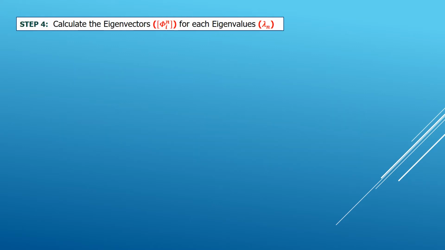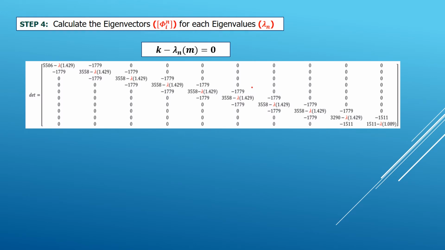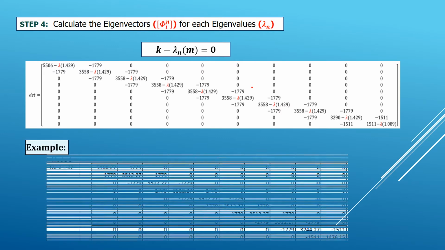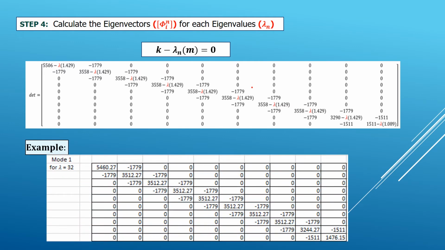Step 4. Calculate the eigenvectors for each eigenvalue. Para makalculate, gamitin natin yung characteristic equation na k minus lambda m. So, dito na matrix, makikita natin na merong lambda. So, isubstitute natin yung lambda every mode. For example, in mode 1, we have lambda equals 32.